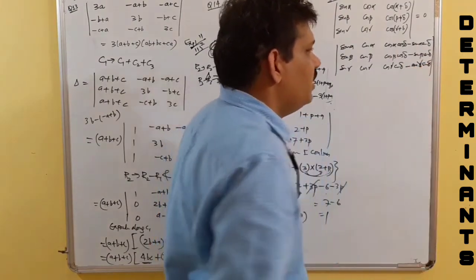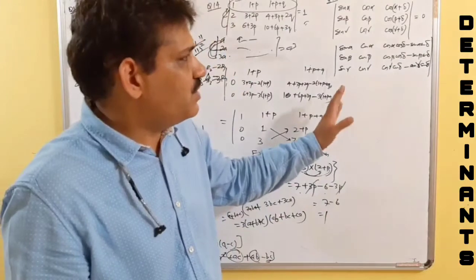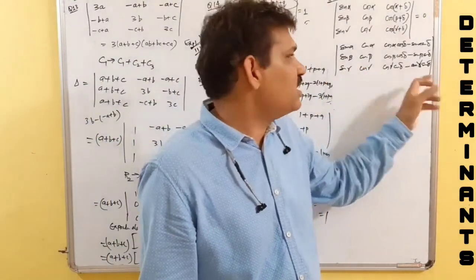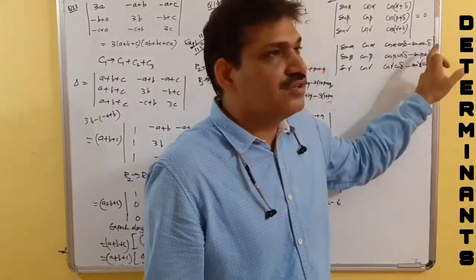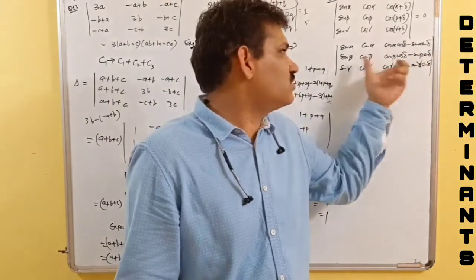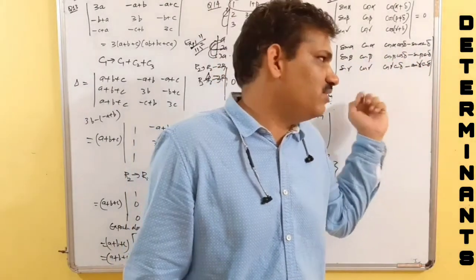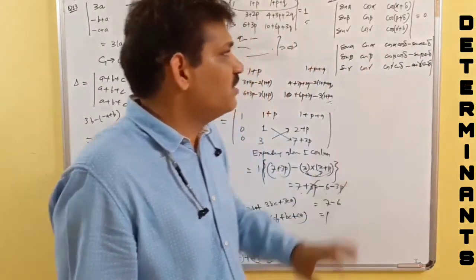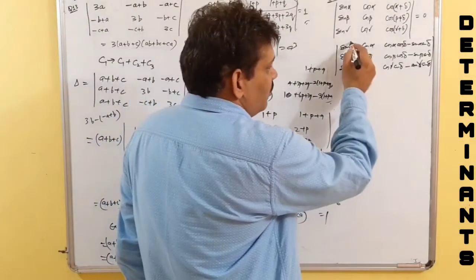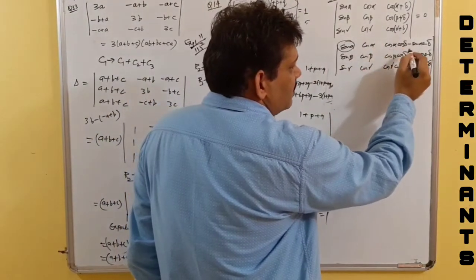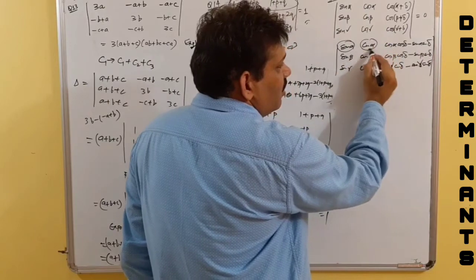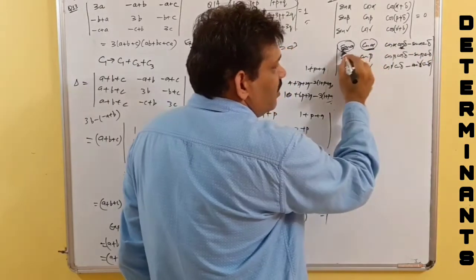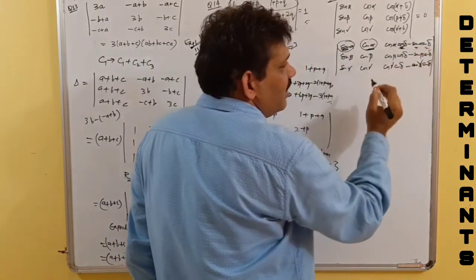So what we need to do is, there may be two options. One is splitting this into two parts and taking cos delta common, so that two columns are identical, and that will give us 0 plus 0. Otherwise, if you can think about it, this is sine alpha and this is cos alpha. Cos alpha is multiplied by cos delta, as well as sine alpha is multiplied by sine delta.